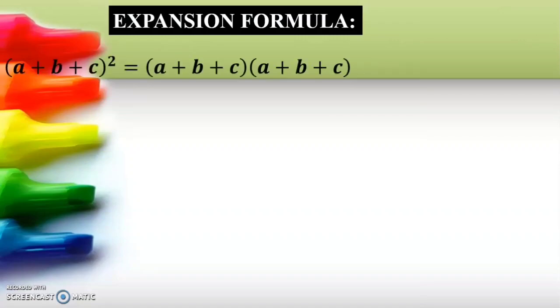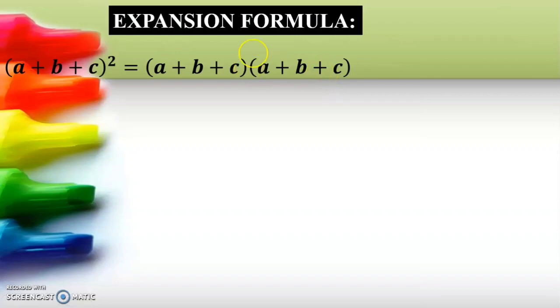So (a + b + c) the whole square is equal to (a + b + c) multiplied by (a + b + c). As we know, we have square in the index place, so we have written it twice, that is 2 times.